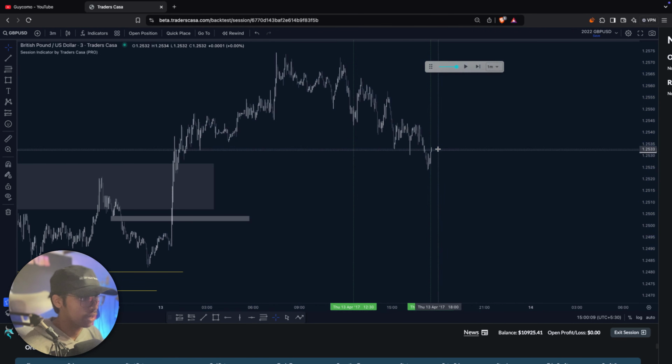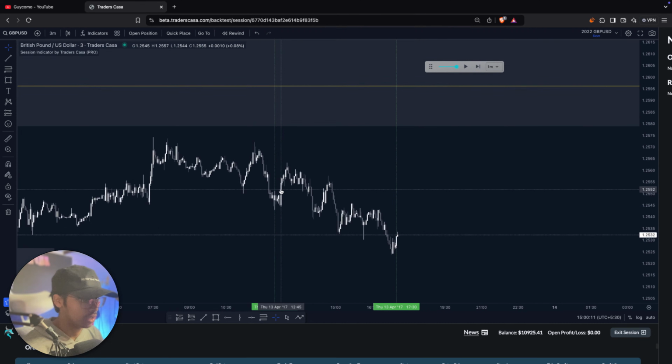The price is right now at the equilibrium level. Let's see if we can see any kind of change in the market structure. Then we can anticipate a buy sell level to be taken out.